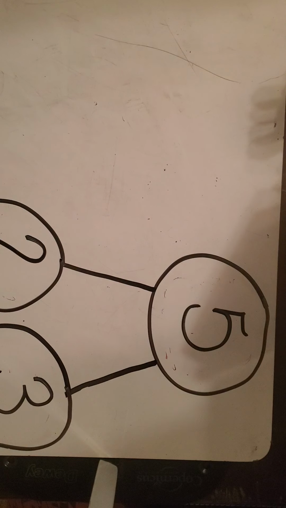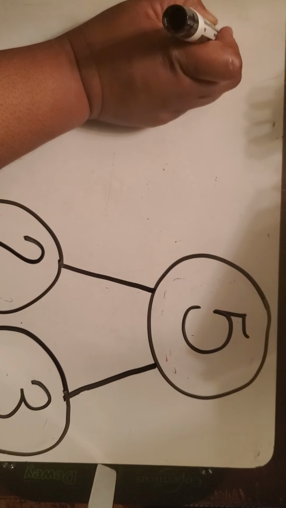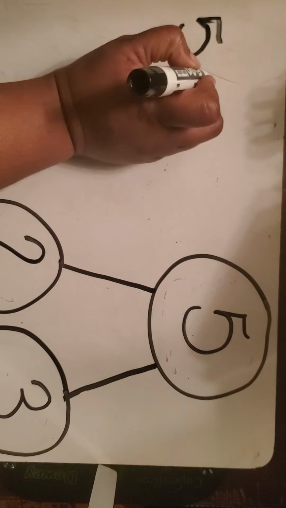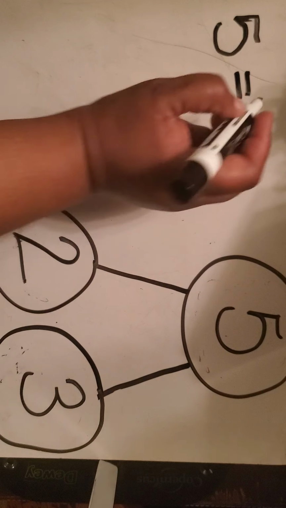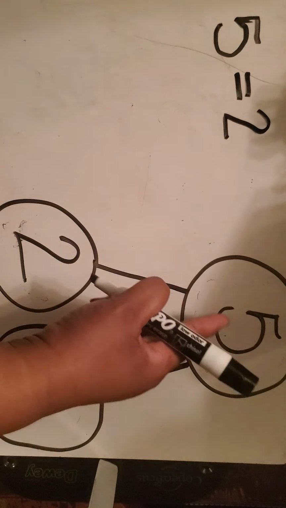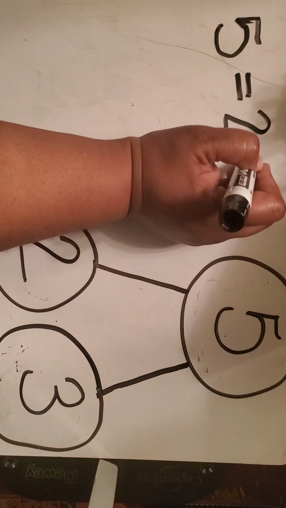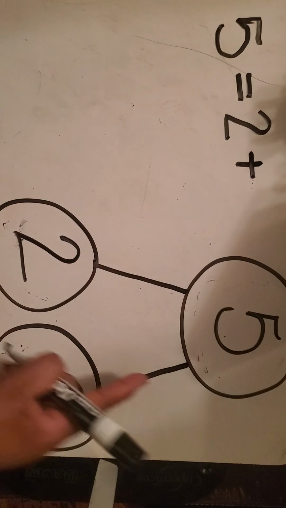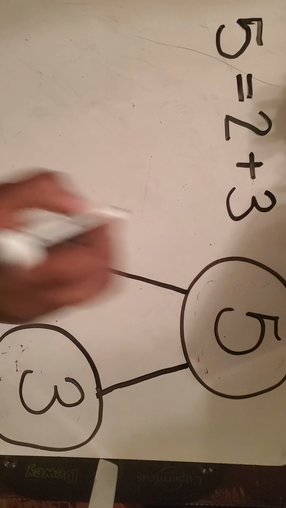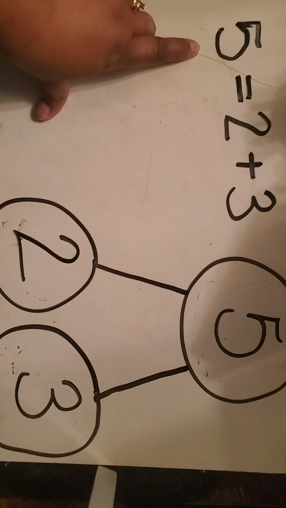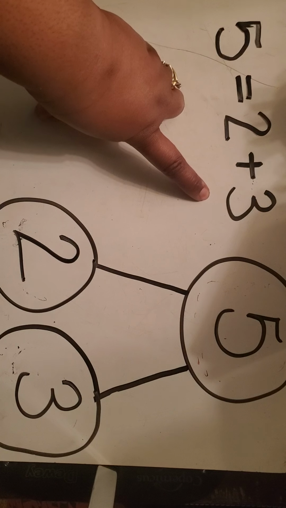So this time we started with the whole, so I'm going to write the whole first. So 5 is the same as 2, because I'm going down this number path. 2, I'm going to put my plus sign, and then I'm going to go down this number path, and it leads me to the number 3. So 5 is the same as 2 and 3.